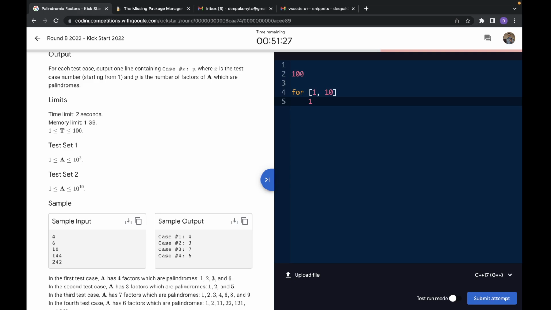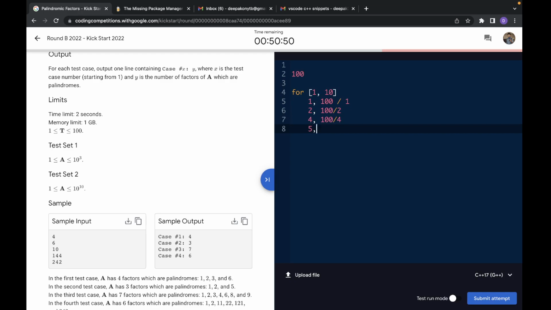If 1 divides 100, then 100 by 1 also divides 100. So you can form pairs like this. You say 2 divides 100, so 100 divided by 2, which is 50, also divides 100. 3 does not divide, so we'll skip 3. 4 divides, yes, so 100 by 4 is also a factor.